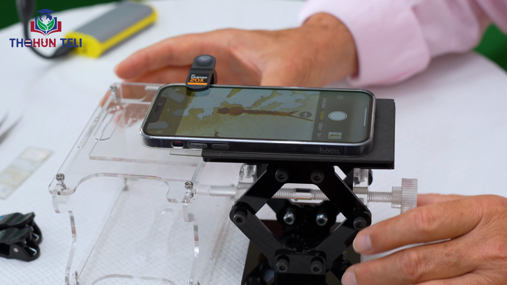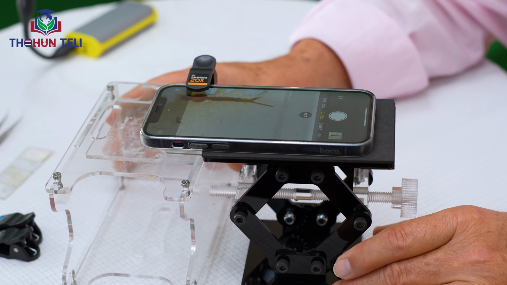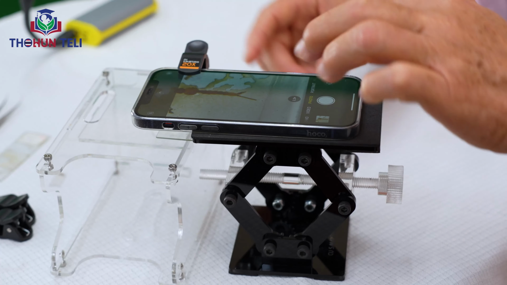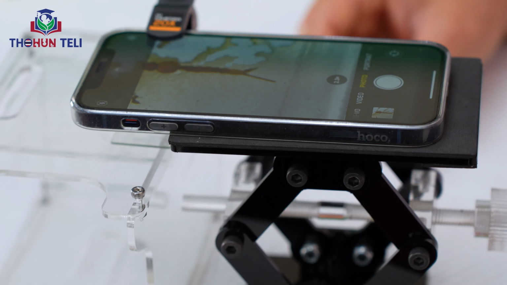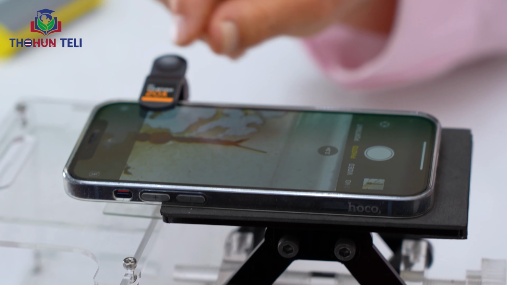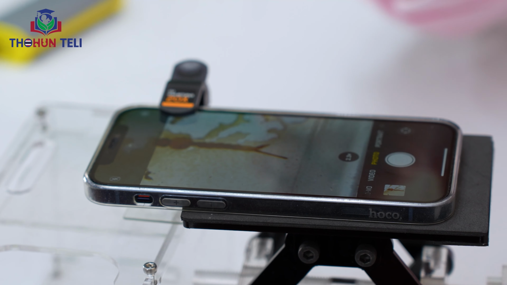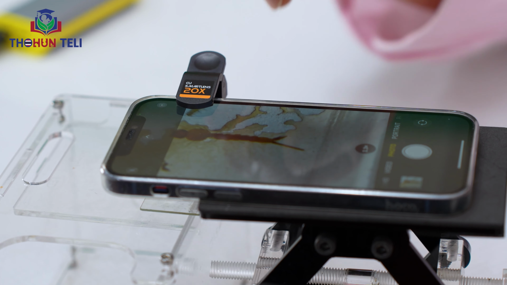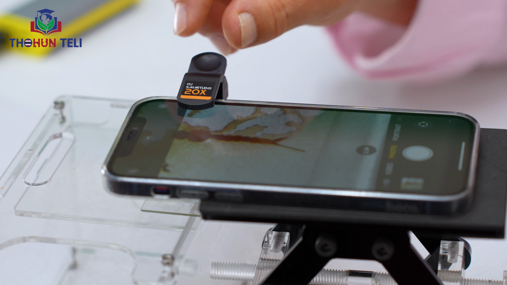Okay, so let's go back to the camera to magnify some other portion of the mosquito for identification. For example, we need to see some characteristics of the larva here in this organelle. For that, I will attach another lens with higher magnification, because this character we cannot see with the magnification of 20x.